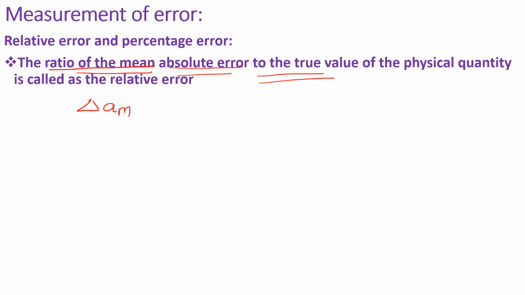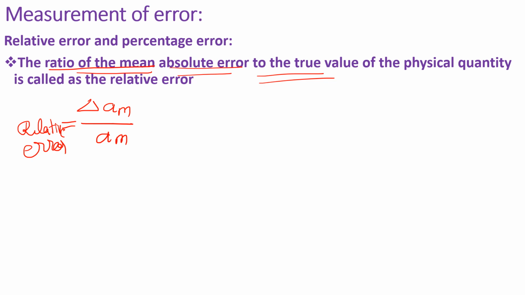So it is the ratio of the mean absolute error to the true value. How to represent the true value? That is A mean. So this ratio is called the relative error. That means we are relating the mean absolute error with the true value.